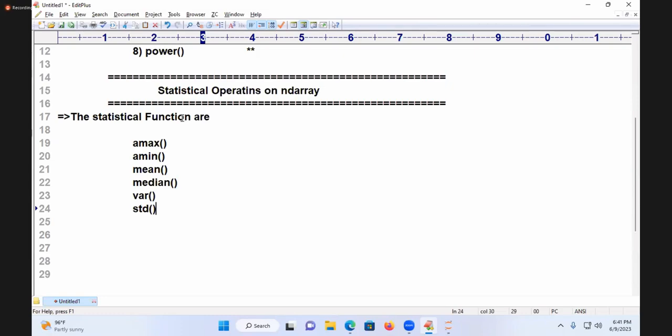So A max of, A min of, mean of, median of, variance of, STD of. Read out once: A max of, A min of, median of, variance of, standard deviation of. All those things we'll discuss here.